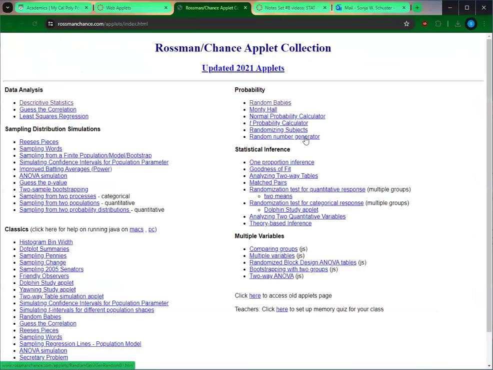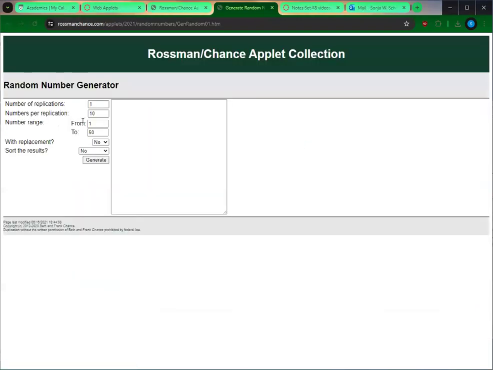Now you'll see Random Number Generator under Probability, and I can just click on that. There's number of replications, number per replication, and the number range. We're only going to do one replication at this point, so I just want to come up with one set. Numbers per replication: in this case, I'm going to do 5.